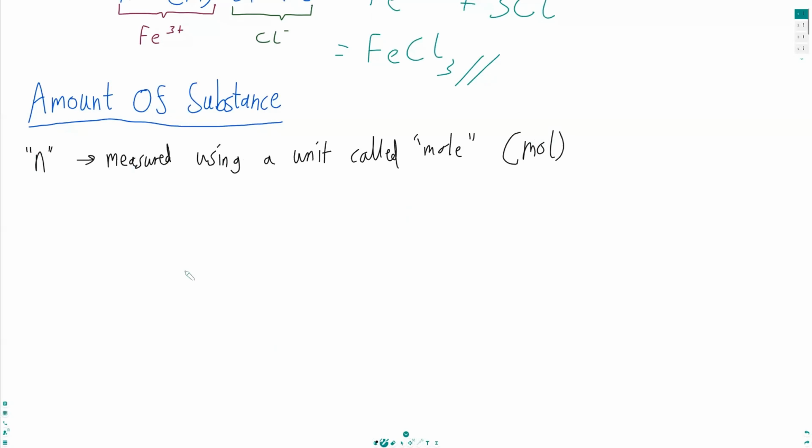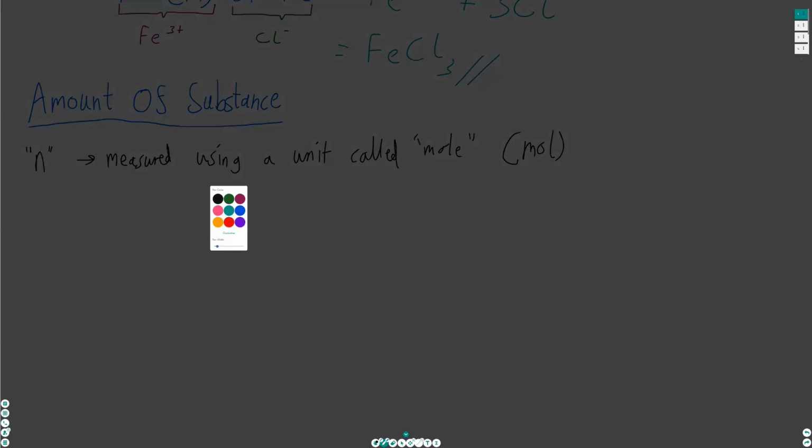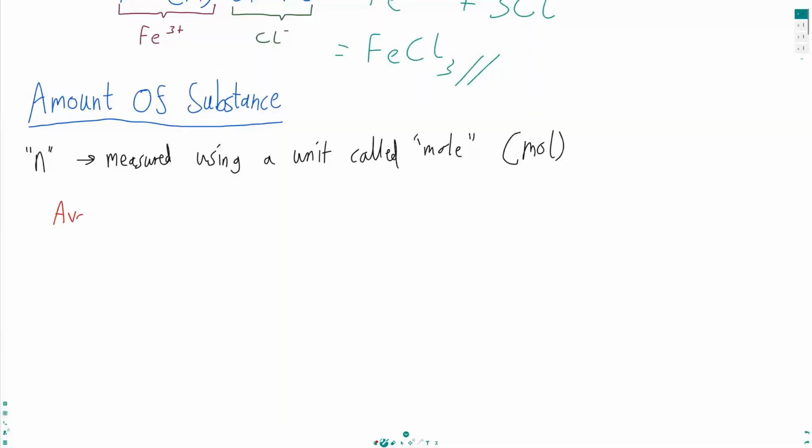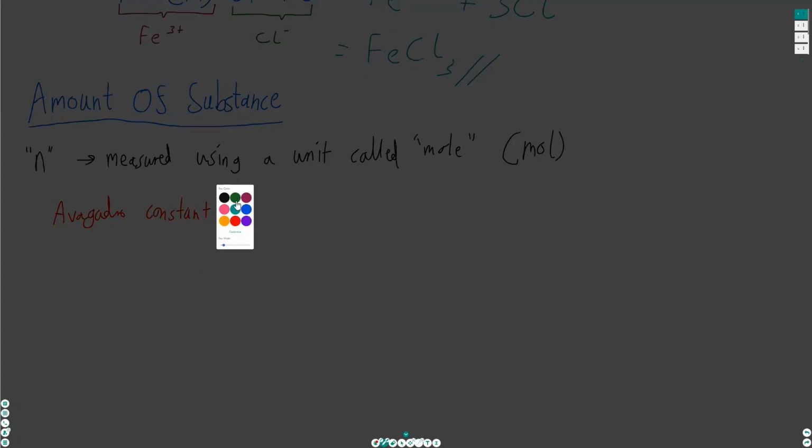So the amount of substance is based on a standard count of atoms, and this is known as the Avogadro constant. And this is the standard count of atoms that we use.